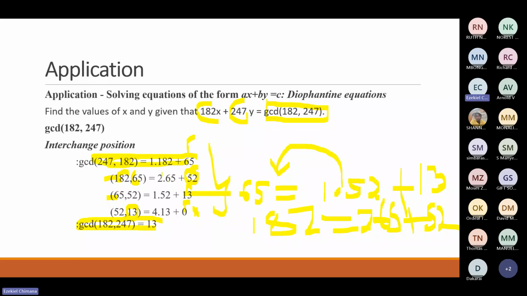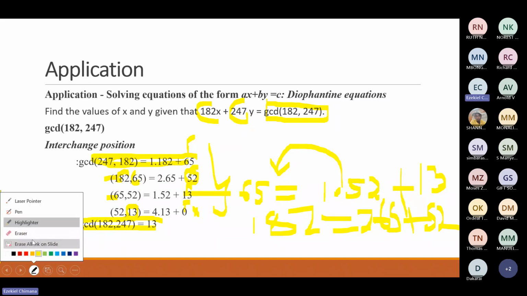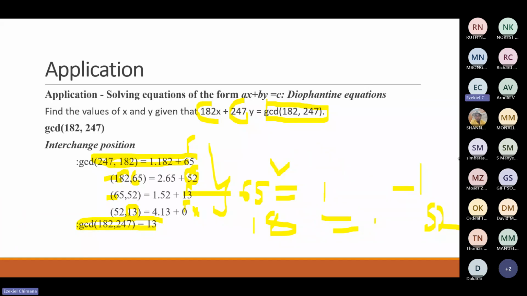So what you need to do now is to make this 65 the subject of formula there. I just want to wrap up everything. What you just need is to make that the subject of formula there. It's very simple. You have 65, so you have 247.